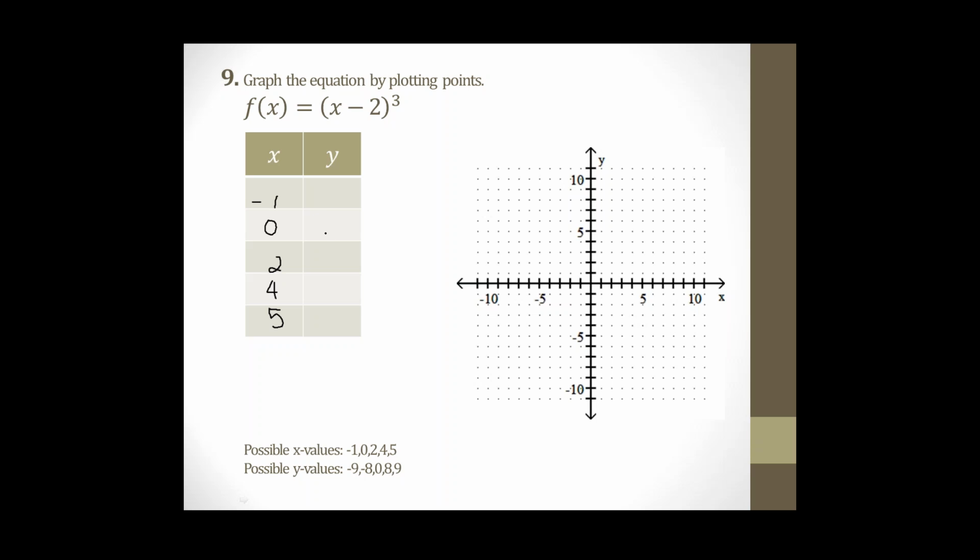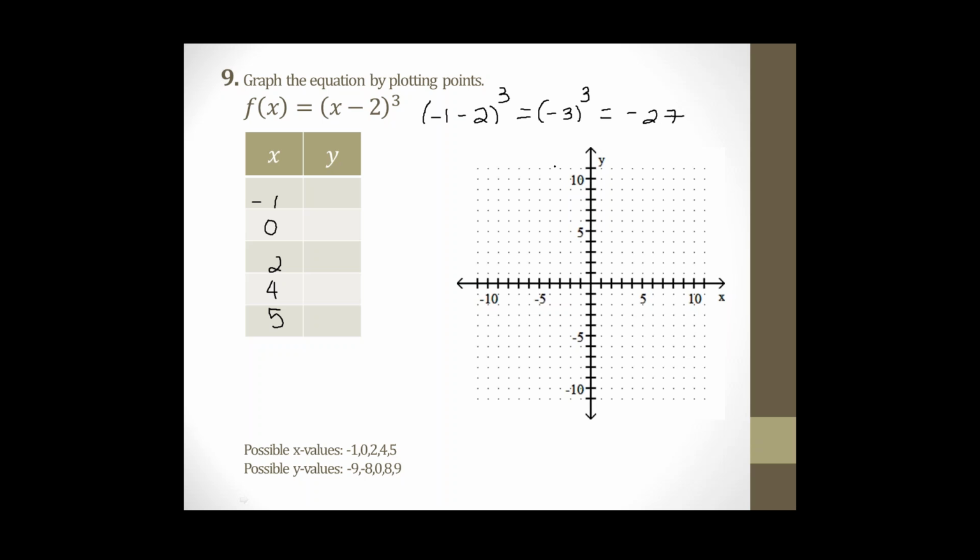Okay, I'll show one. All you need to do is plug in x here, and then you get your y value. For example, when x is -1, I'm going to have -1 minus 2 raised to the third power, which means -1 minus 2 is -3, and -3 to the third power is -27.